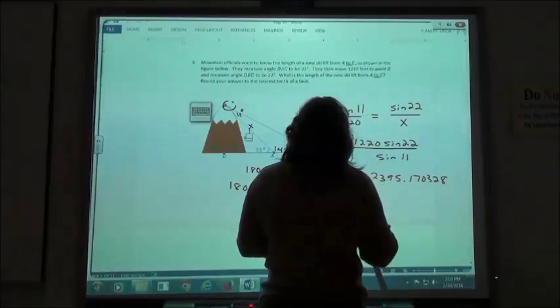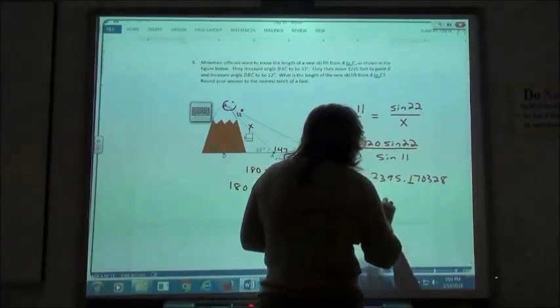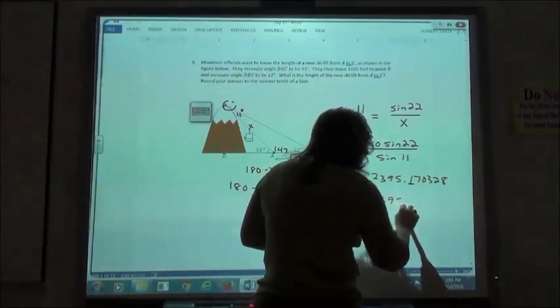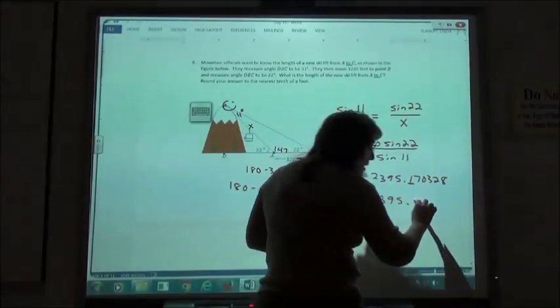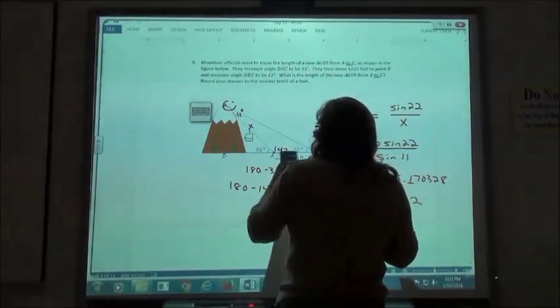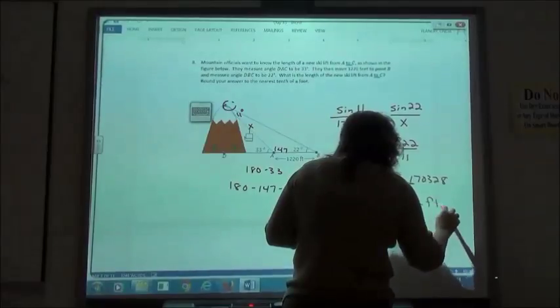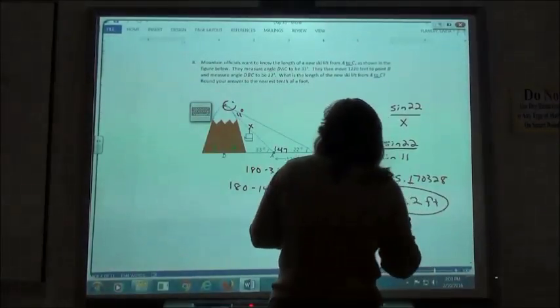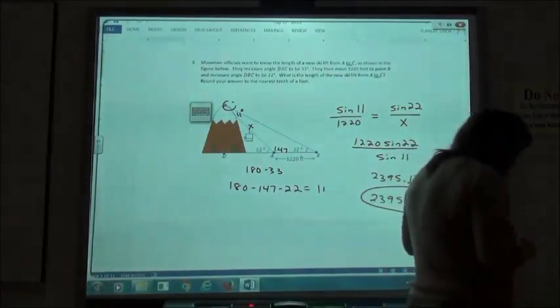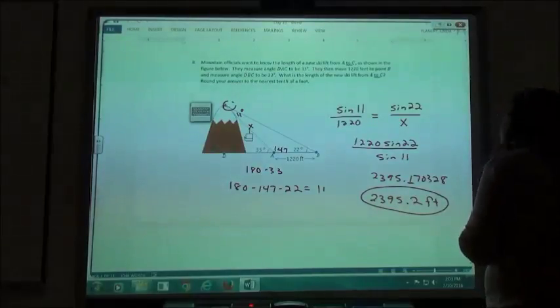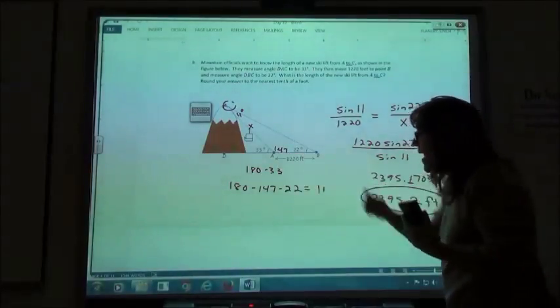I am rounding to the nearest tenth, so 2,395 point, I'd have to round that up to 2, and this is in feet. So the ski lift is 2,395.2 feet from point A.